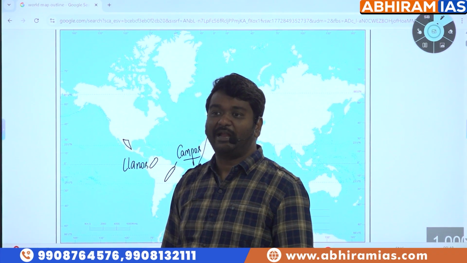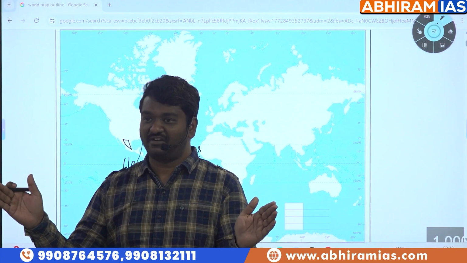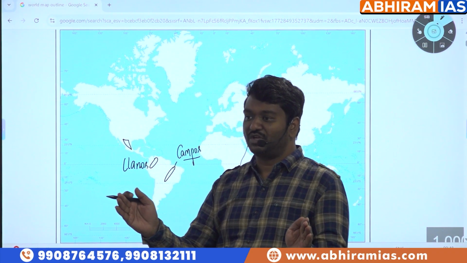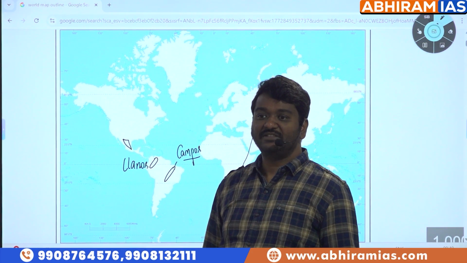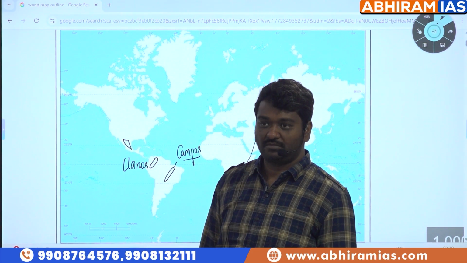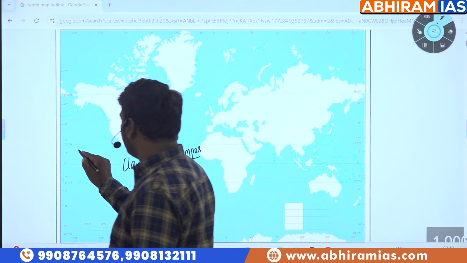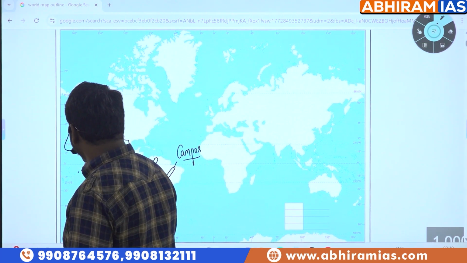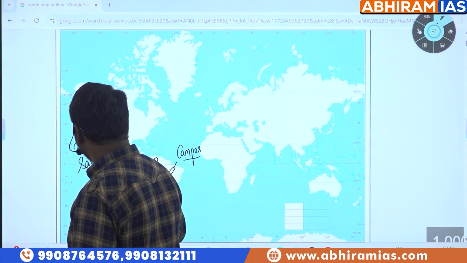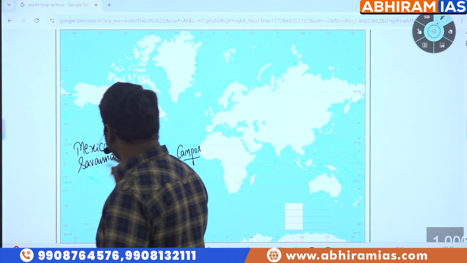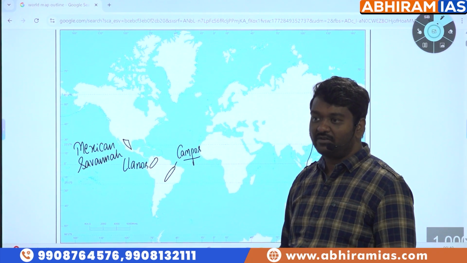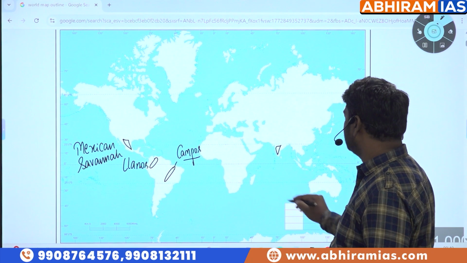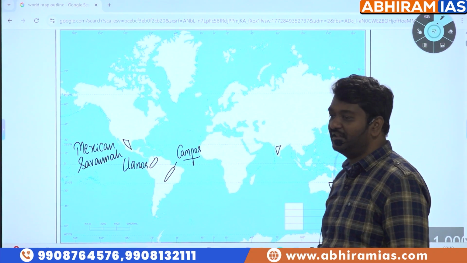It's like the Deccan Plateau of India where the Western Ghats and Eastern Ghats are there. In the same way, Mexico also has mountains on both sides. We call it the Mexican Plateau. The Mexican Plateau has a climatic condition called Mexican savanna. You might have heard of the word savanna. India has Indian savanna, Australia has Australian savanna.